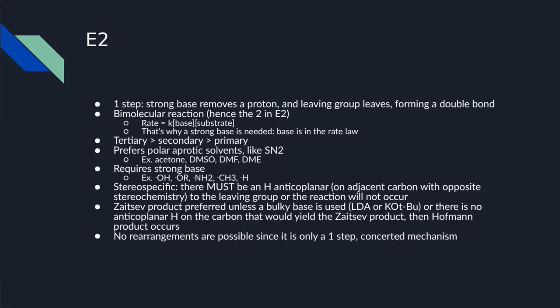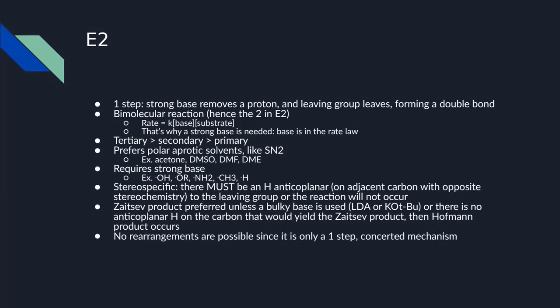With E2, the most important thing I would say that distinguishes it from E1 is that E2 is stereospecific, meaning that there must be a hydrogen anticoplanar to the leaving group or the reaction will not occur. Anticoplanar means it's on the adjacent carbon with the opposite stereochemistry.